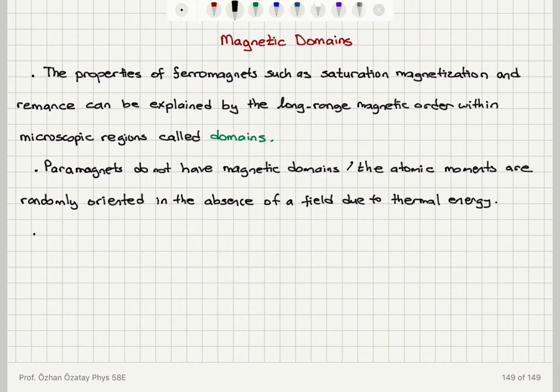And when we look at magnetic domains, there are large numbers of atomic moments, typically of the order of 10 to the 12 to 10 to the 18.